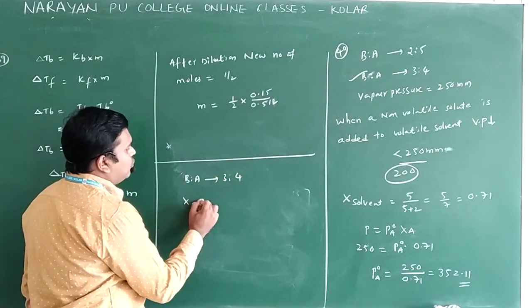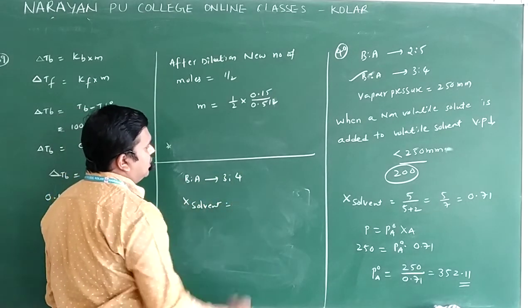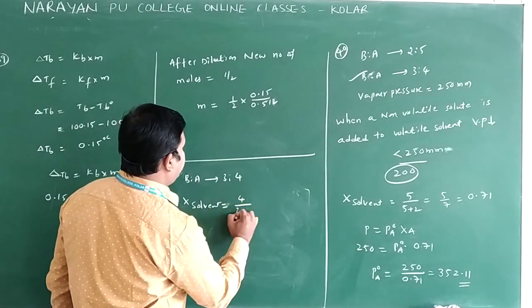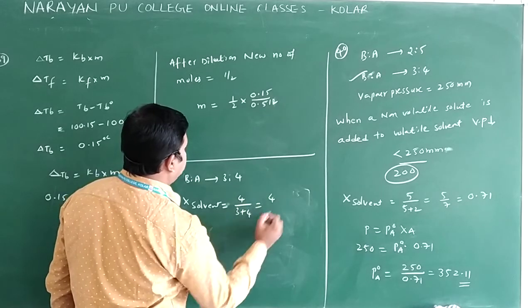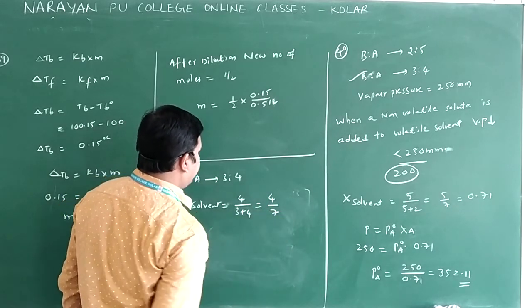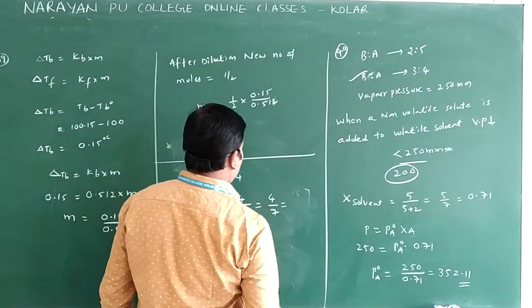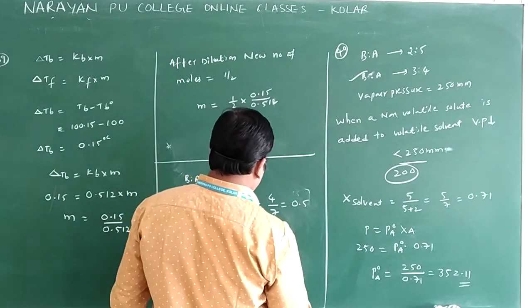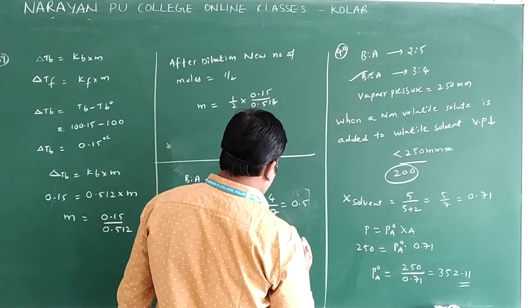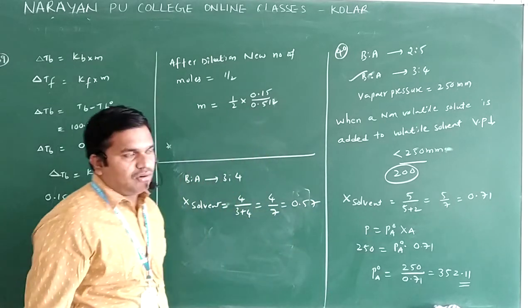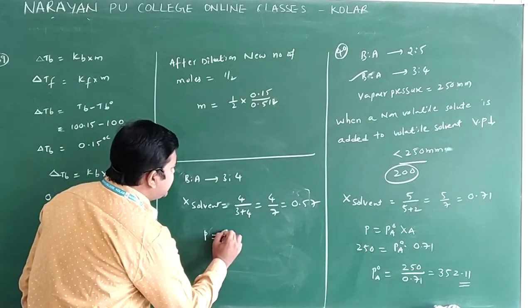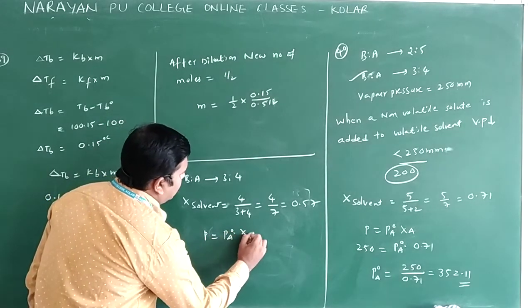Mole fraction of the solvent is 4 by 3 plus 4, which is 4 by 7, that is 0.57. Now P is equal to PA naught into XA.